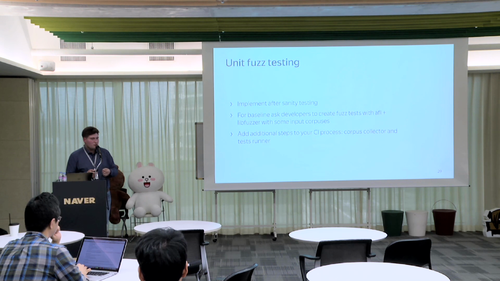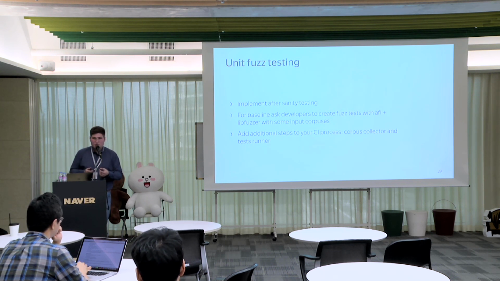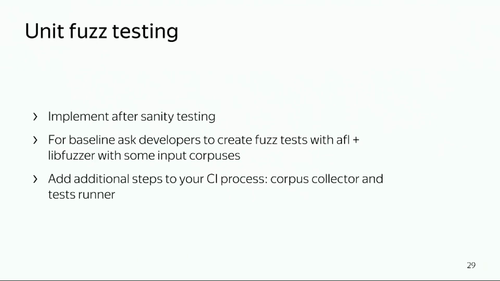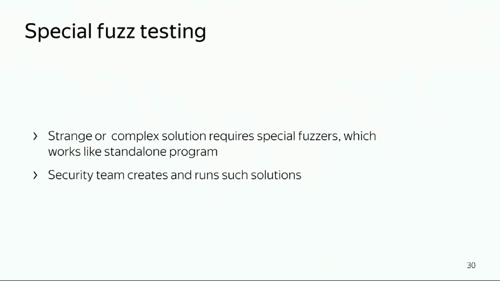Maybe you heard about one useful fuzzer from Google, Domato, written by Ivan Fratric. So we have several projects connected with special fuzzing like Domato or DOM-based fuzzing. We perform it because we sometimes change our renderer. But all this stuff is done by the security team. Our developers are not involved. They are involved only in unit fuzz testing.